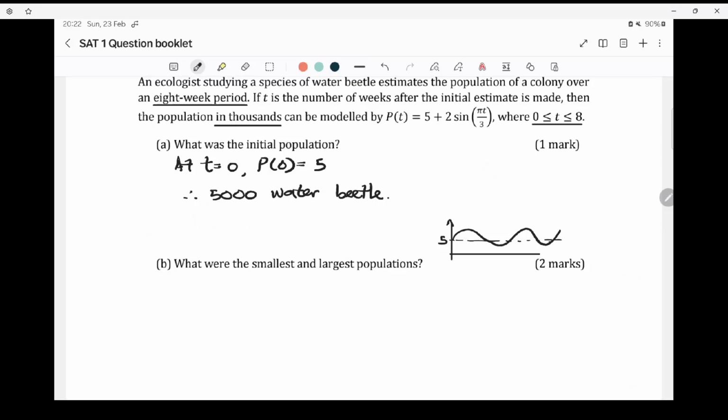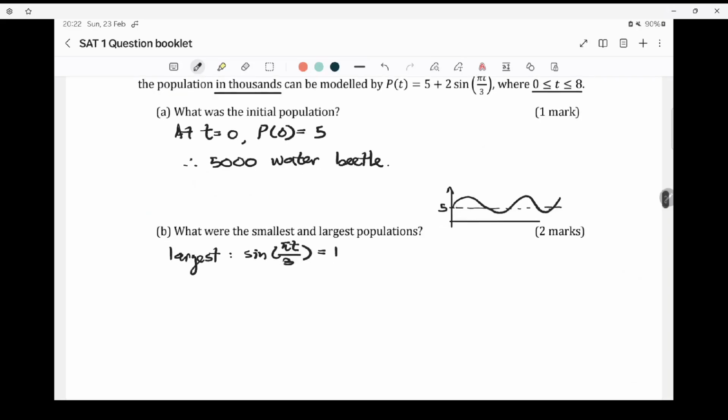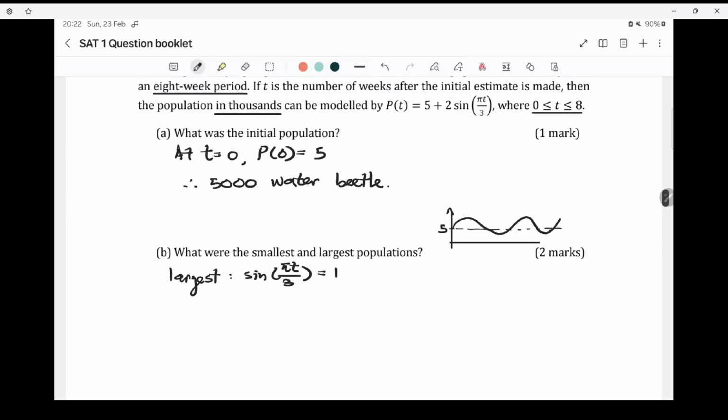So you need to figure out when your sine is the largest. Largest will be when sine of pi t over 3 equals 1, right?